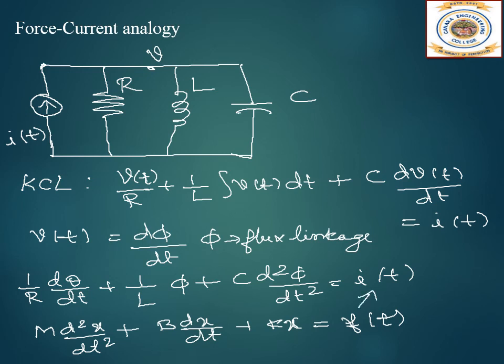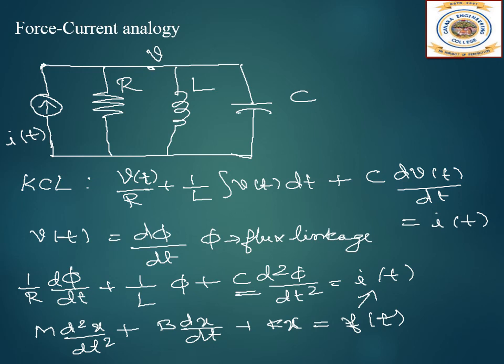F is analogous to I, m is analogous to C, b is analogous to 1 by R, k is analogous to 1 by L, and x is analogous to phi. So this is the force current analogy.